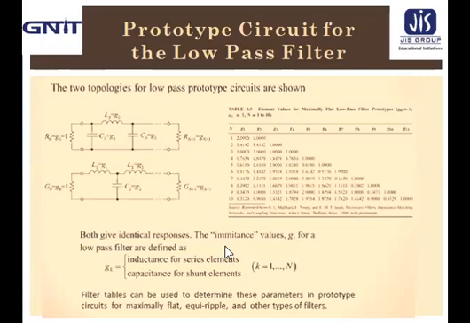The element values, that is G, for a low pass filter, are defined as Gk equal to inductance for series elements, and capacitance for shunt elements, where k equal to 1 up to n.